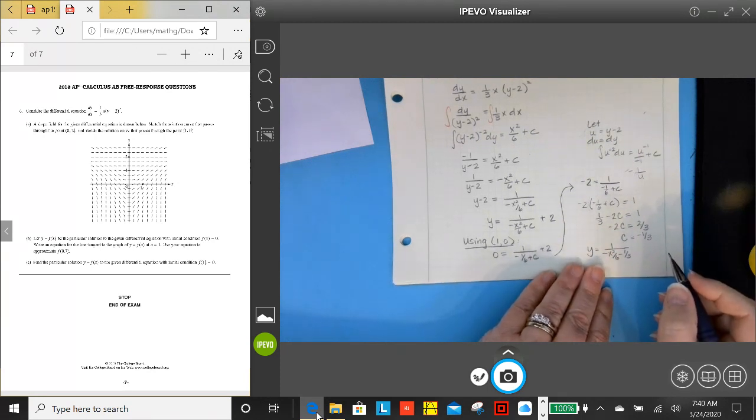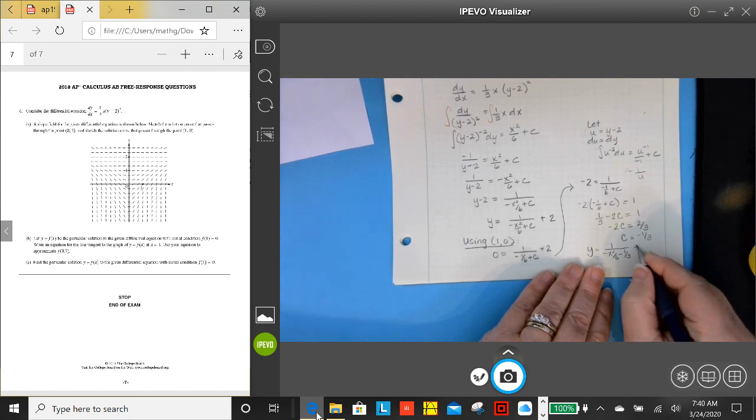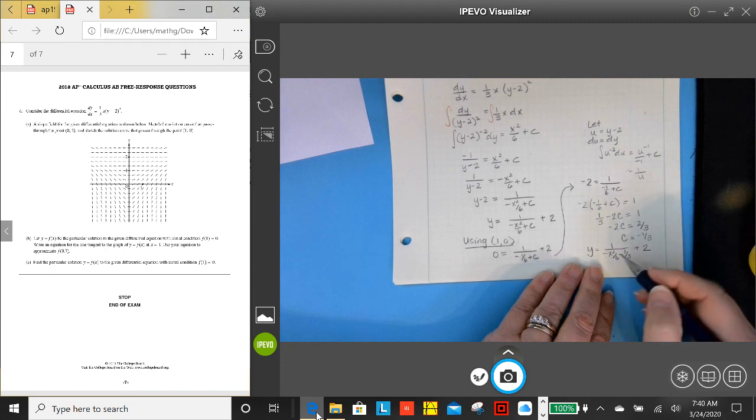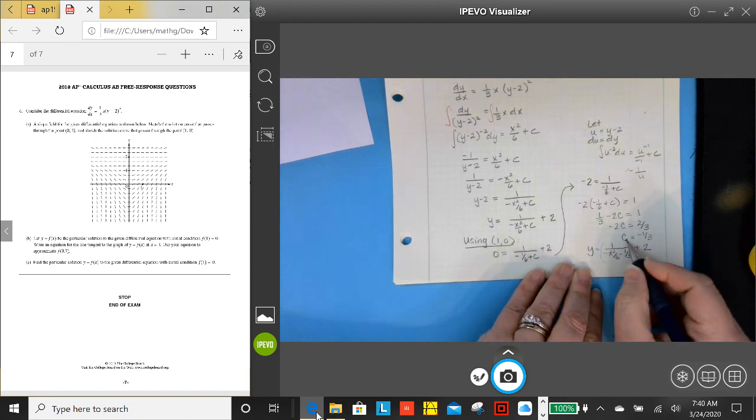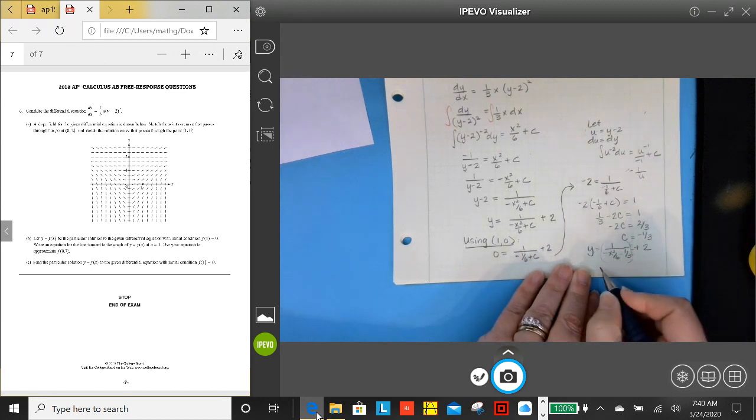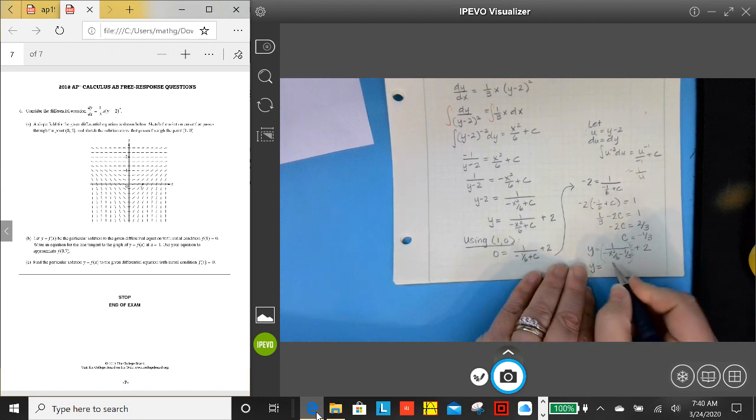Now I'm going to multiply everything by, this is plus 2 out here on the outside. Yeah, I want to get rid of this fraction thing here. So I'm going to multiply by 6 over 6, right? This expression alone, 6 over 6. And I'm going to get y equals, then I'm going to bring the negative up top.